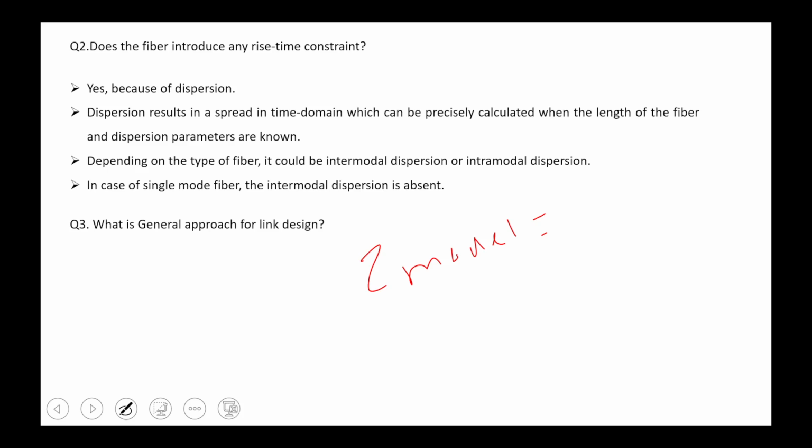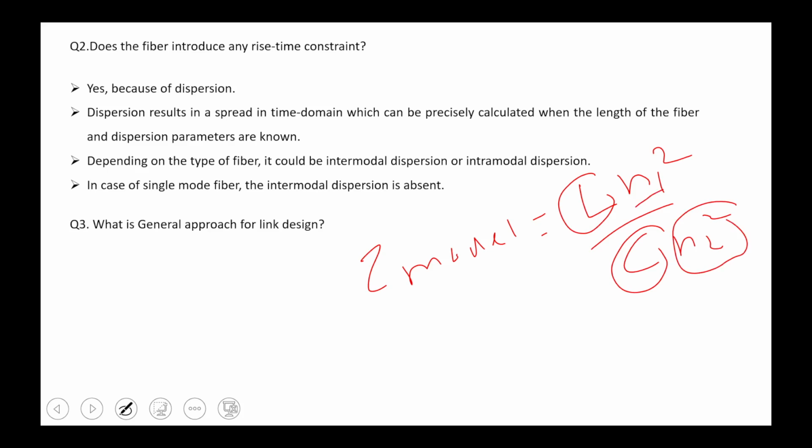Sir, length divided by velocity of light. So it will be L, the length of the fiber, c, the speed of light or signal, n1 the core refractive index, and n2 the cladding refractive index. Sir, I have one doubt. In case of intramodal dispersion, in terms of group velocity dispersion, GVD, what is the value of that?